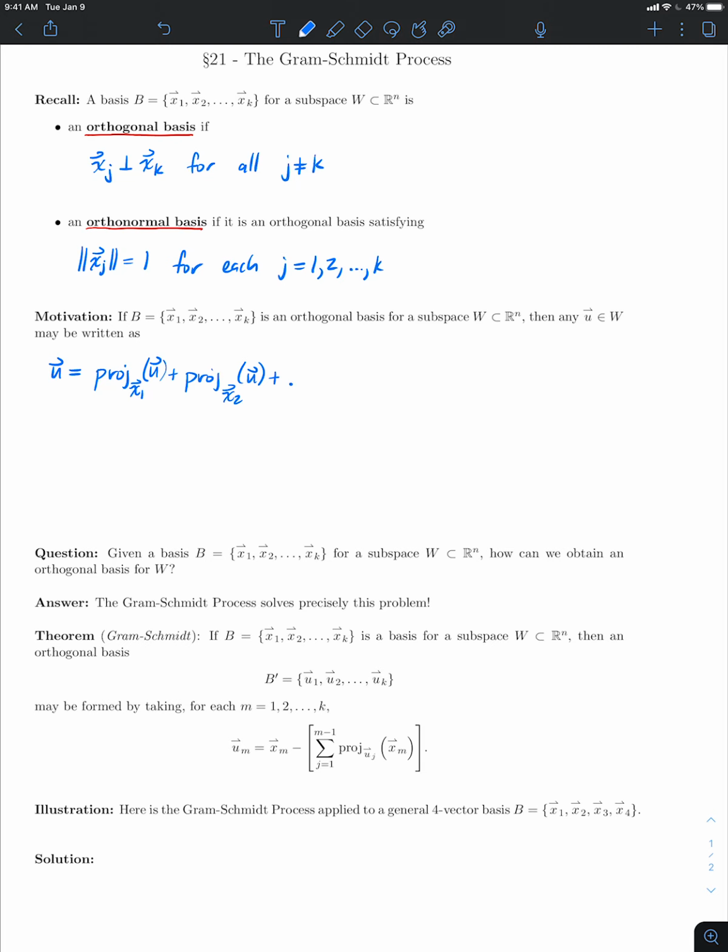I can project it onto each of the vectors in the orthogonal basis, and then add up the results of those projections.